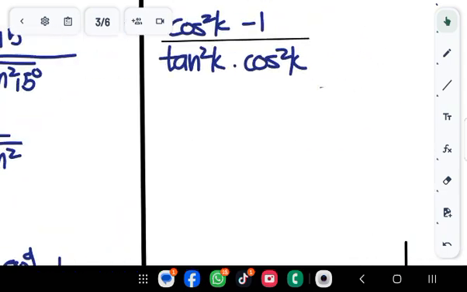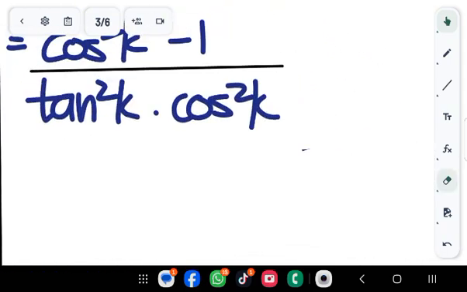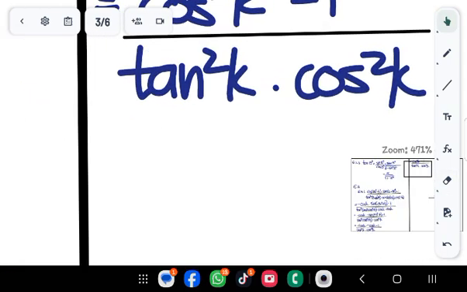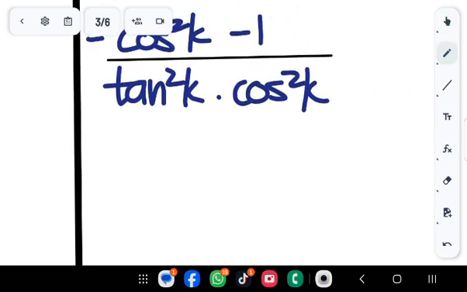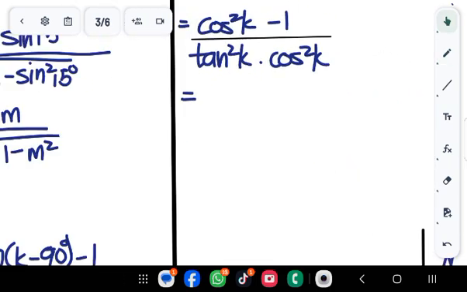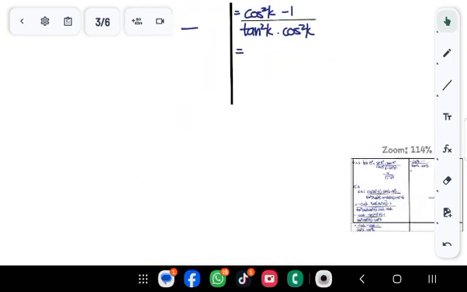We know that this is equal to cos squared k minus 1.